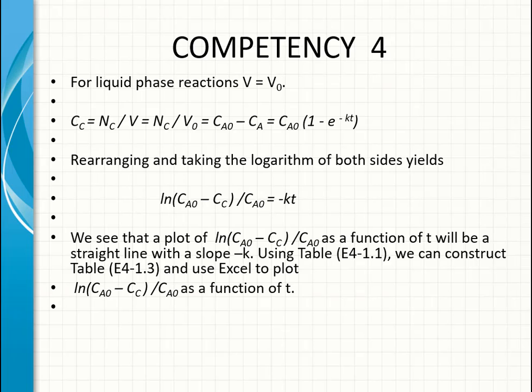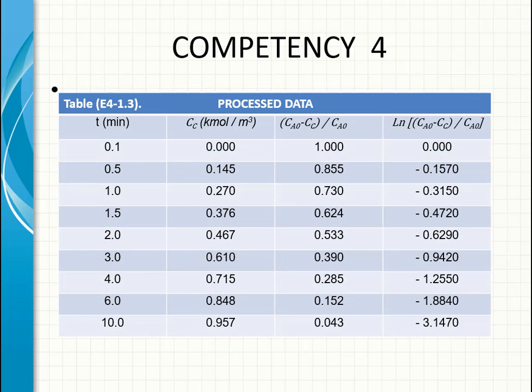So using table A4-1, we can construct table A4-2 and use Excel. Using Excel, we are going to plot natural log of Ca0 minus Cc divided by Ca0 against time.